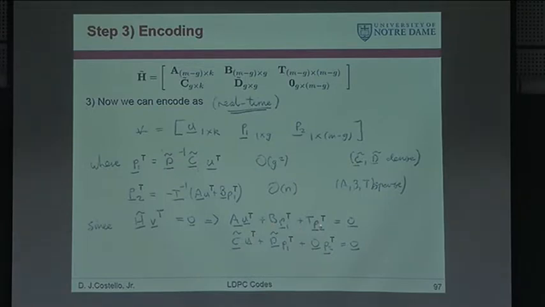Now the rest of it, P2. Once we've got P1, we can solve for P2 from this equation. The way we've written it here, we multiply by T inverse, which would give us a T inverse here, and then we'd have AU plus BP1. Now you may wonder, T is that lower triangular. T is sparse, but does that make T inverse sparse?